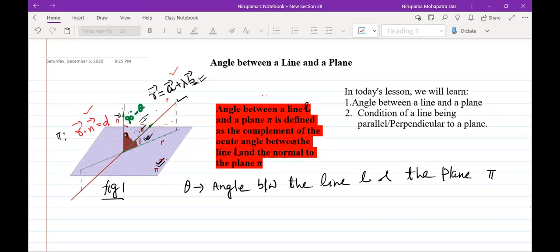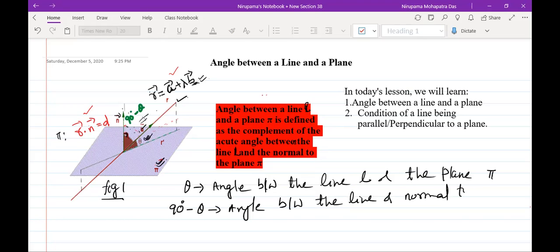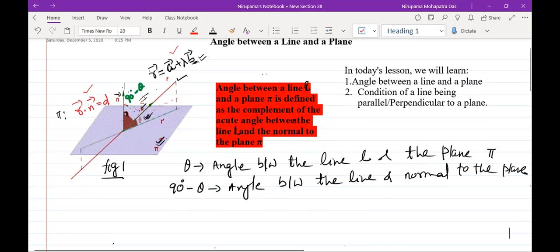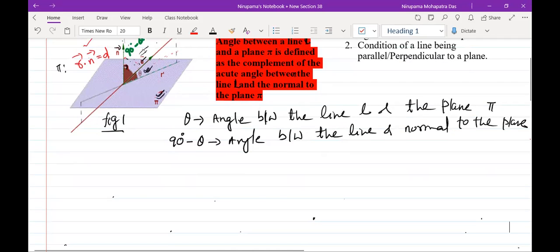Then 90 degree minus theta is the angle between the line and the normal to the plane. This is clearly visible in the figure, and you have also seen in GeoGebra how theta and 90 minus theta are complements of each other.